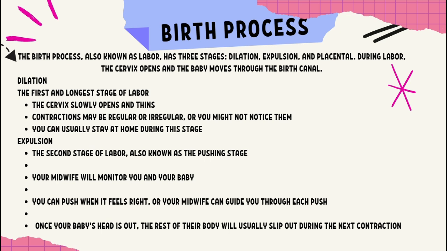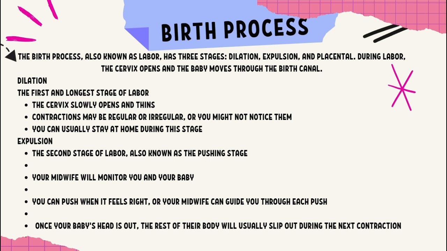The cervix is going to slowly open, and during this stage the pregnant woman would normally feel contractions. They might be regular or irregular, or they might not even notice them at all. As long as the doctor said it's safe to stay home, they would usually be at home during this stage.